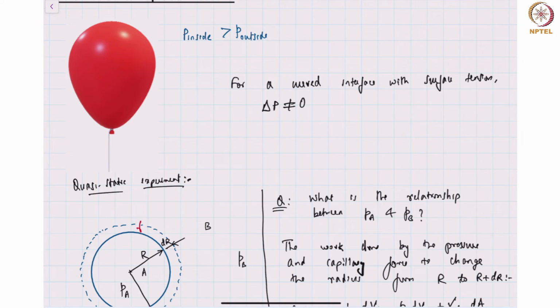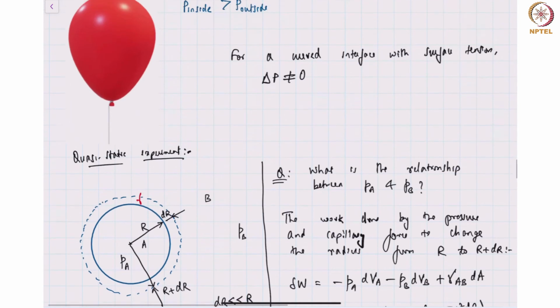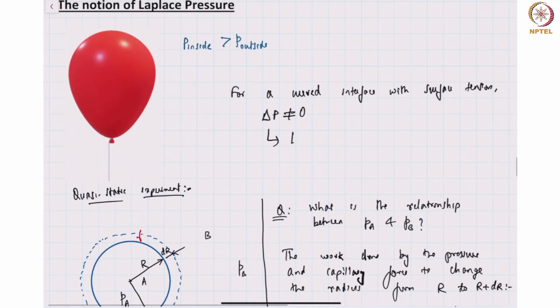This delta P, the non-zero jump across the interface, is often referred to as the Laplace pressure jump. Okay, it's a direct consequence of 2 effects. One is surface tension and the other is curvature.